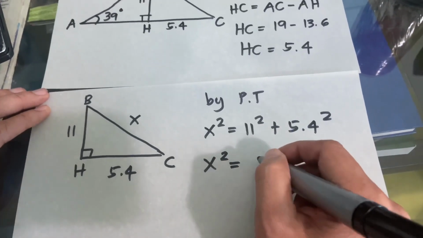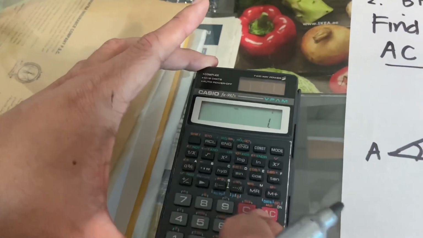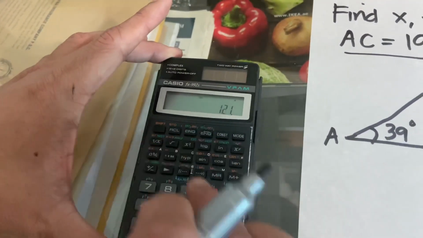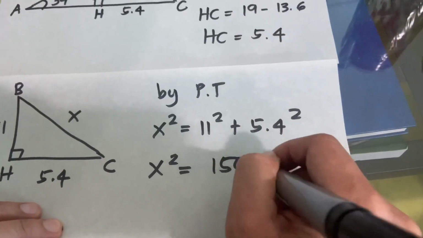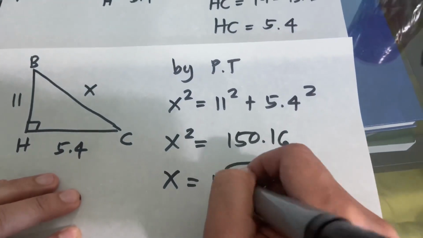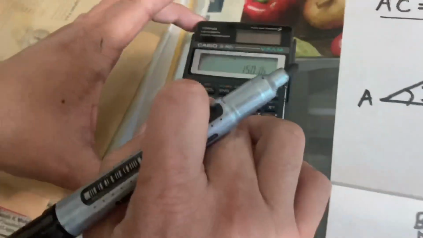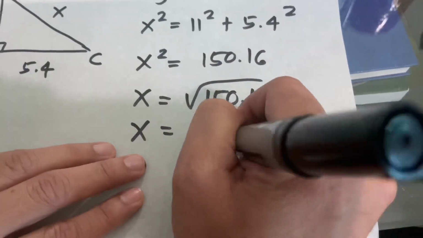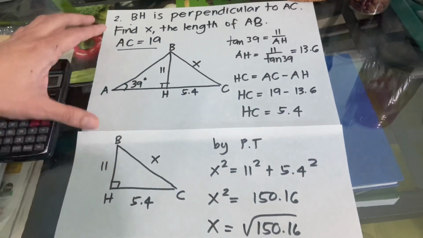This equals 150.16. So x is equal to the square root of 150.16. So our x value is 12.3. Okay, so that's our answer in this problem.